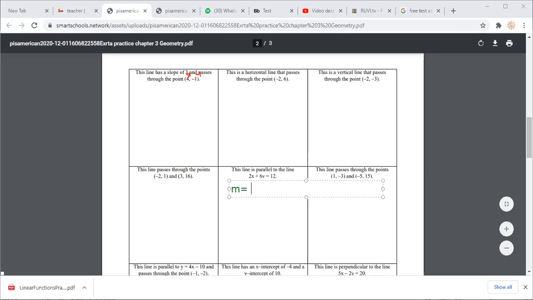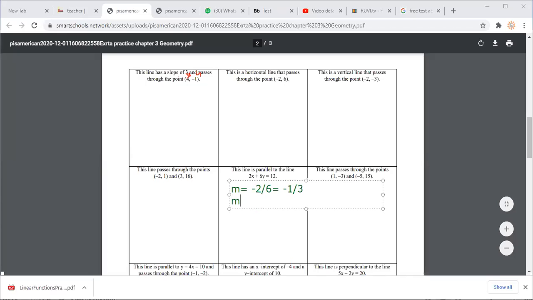No. We said if you want to calculate the slope, it will be negative a over b, which means negative the coefficient of x, which is 2, over the coefficient of y, which is 3. Then the answer will be negative 1 over 3. Okay, so this is the slope of M. He said that they are parallel.